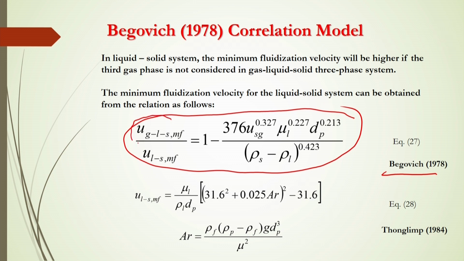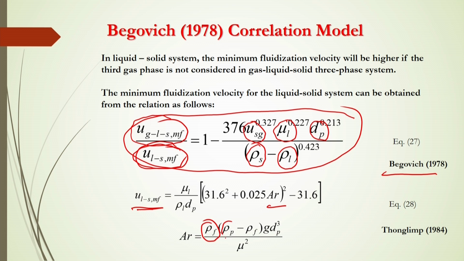So, this is here the minimum fluidization velocity for gas, liquid, solid system, and this is your minimum fluidization condition for liquid and solid system. So, this is a function of this gas velocity, viscosity of the liquid, particle diameter, density of the solid and density of the liquid. And this minimum fluidization velocity for liquid and solid system is a function of again Archimedes number, which is a function of fluid density, particle density, even viscosity of the liquid and the diameter of the particle.